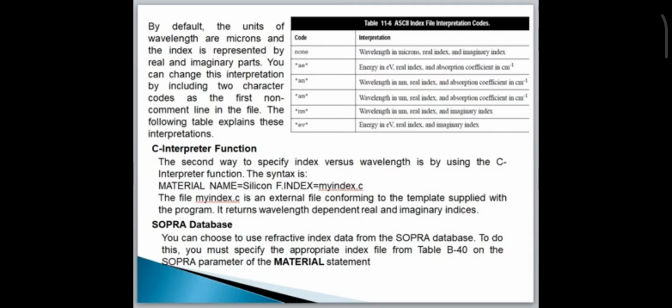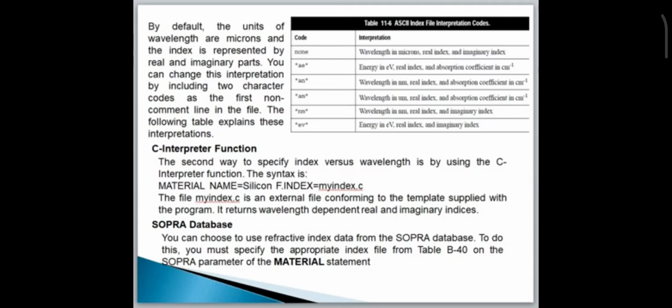Simply, there are three methods to define a wavelength dependent refractive index. The first one is the ASCII file input, named as .nk file or .txt file, represented by the index.file statement. The second method is the C interpreter function, in which I have saved a file. I am calling the file with the syntax f.index.